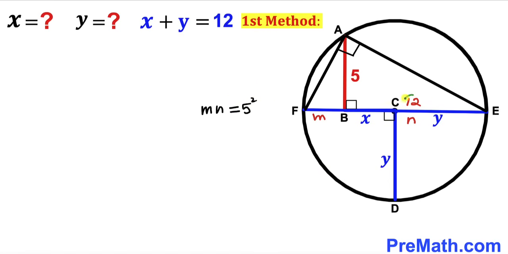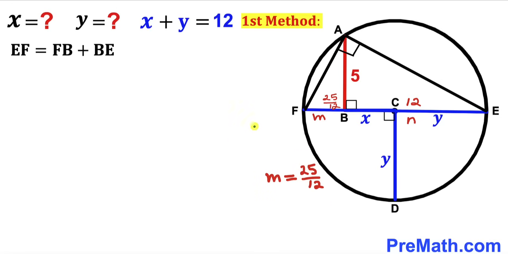We know n is 12, so I substitute 12 here: 12 times m equals 25. Now we divide both sides by 12 to isolate m, so our lowercase m value turns out to be 25 divided by 12.